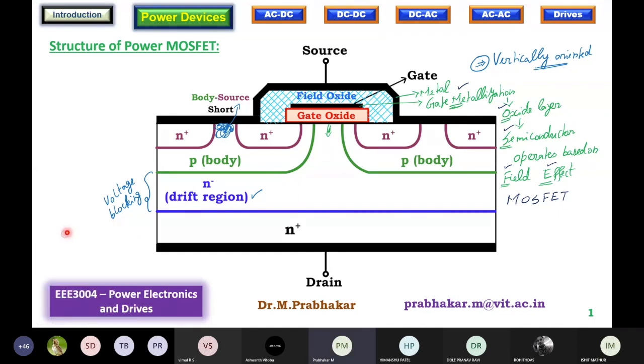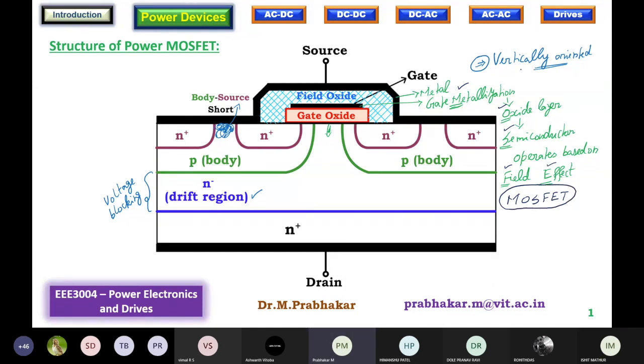So you have M for metal, O for oxide, S for semiconductor, and it operates on the principle of field effect. Therefore, FET stands for field effect transistor. So you get this MOSFET. Now this vertically oriented structure, if you look at that, you will get this understanding.